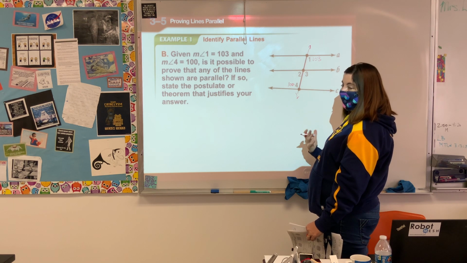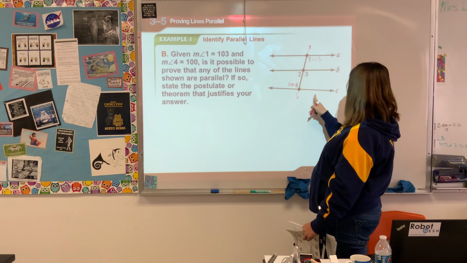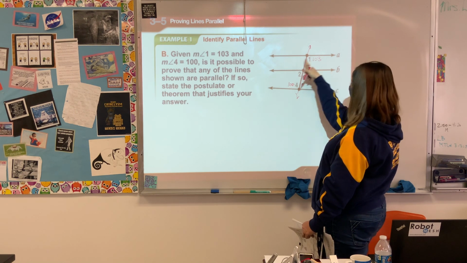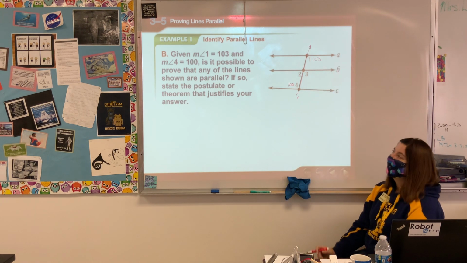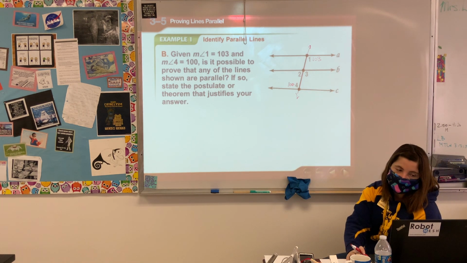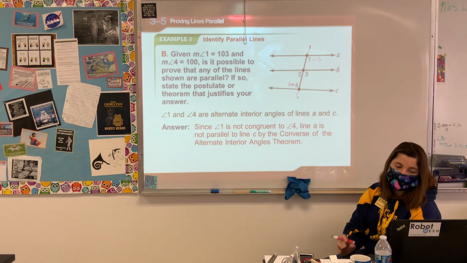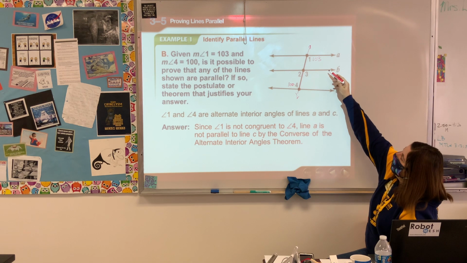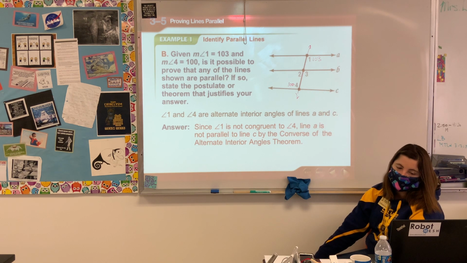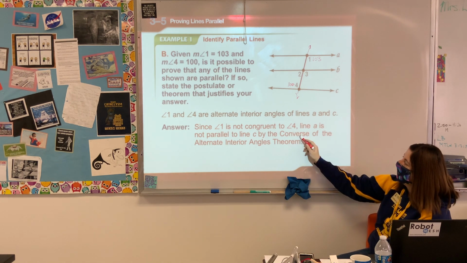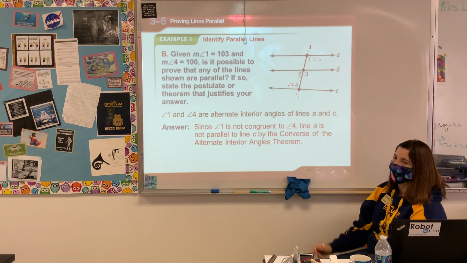The same. Are they? No. So with line C and line A, they are not parallel, because they don't have the same measure. They're alternate interior angles, but since the measures of 1 and 4 are different, they are not parallel by the converse of the alternate interior angles theorem.